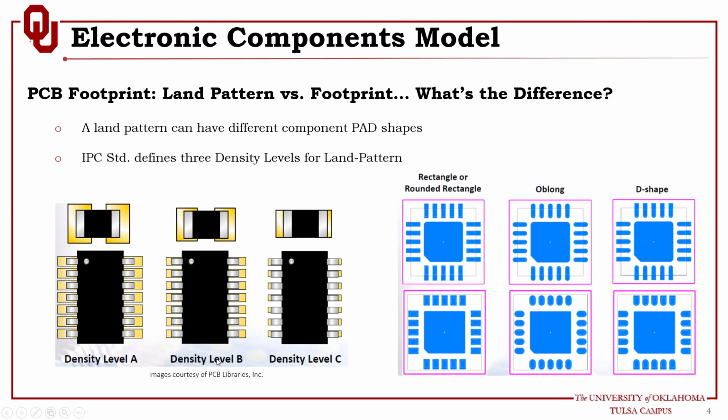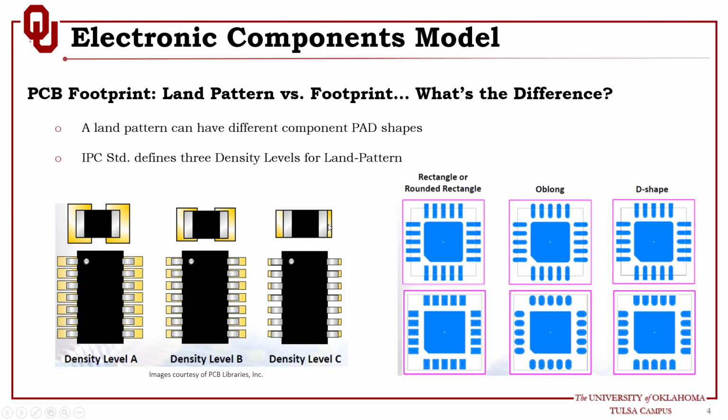Here you can see density level B, which is nominal or moderate. You can see that the land pattern or the pads on the PCB are smaller comparing to the low density in here.